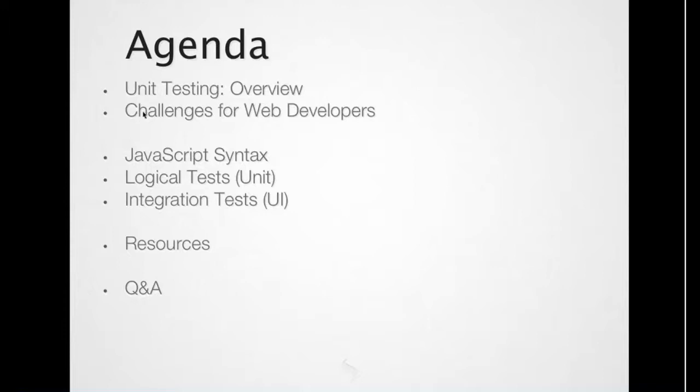Specifically, we're going to cover some challenges that web developers frequently face when trying to integrate unit tests into their projects. There are three main topic areas that we're going to cover today. The first being having valid JavaScript syntax, moving on to building logical unit tests for your code base, and then finally digging into creating some integration tests for your user interface.